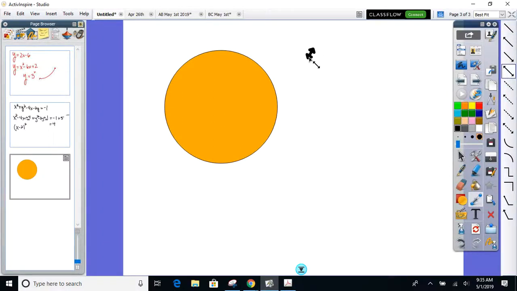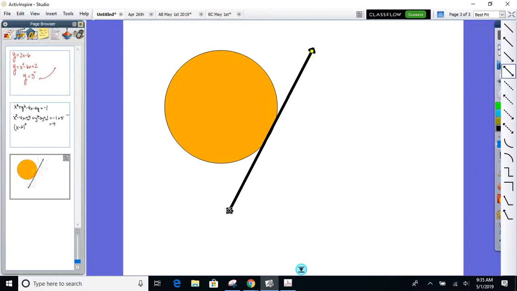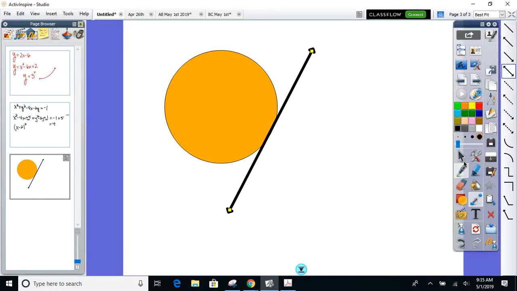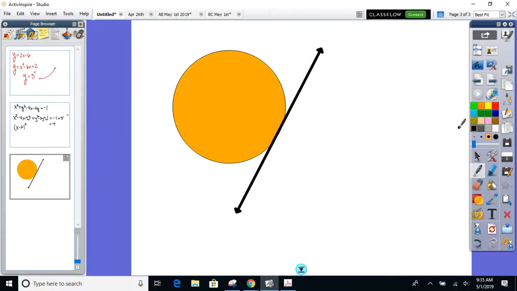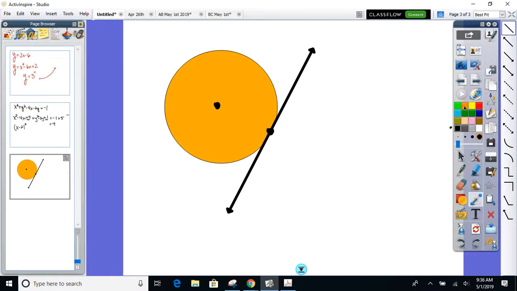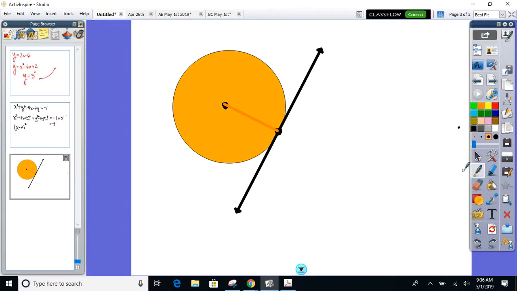Good definition. What's the point where it hits the circle? Point of tangency. Here's the first theorem you should know about the tangent tomorrow. What happens if I connect it to the radius? It is perpendicular. A radius drawn to a point of tangency forms a right angle. Boom. All right. A radius drawn to the point of tangency forms a right angle.